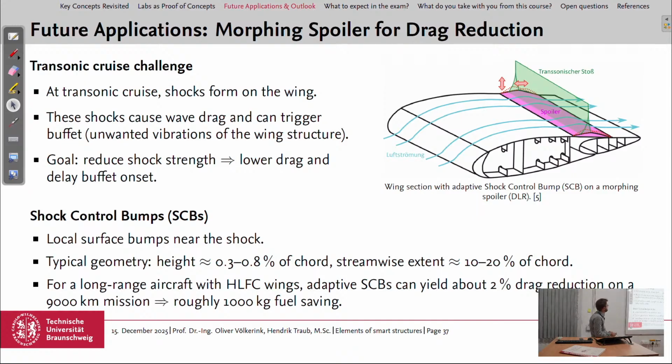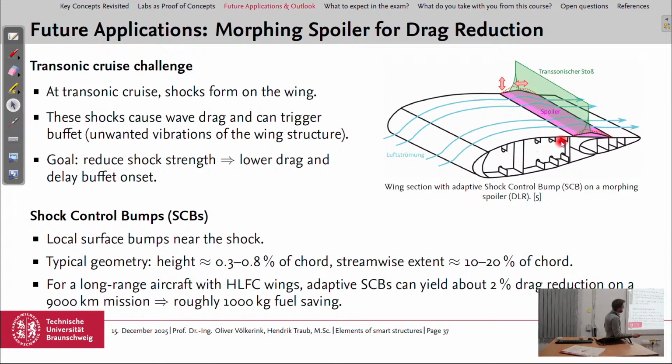Then another example of future application: a morphing spoiler for drag reduction. At transonic cruise, shocks can form on the wing, and these shocks cause wave drag and can also trigger buffets, so unwanted vibrations of the wing structure. The goal was to reduce this shock strength to achieve a lower drag and also to delay the buffet onset.